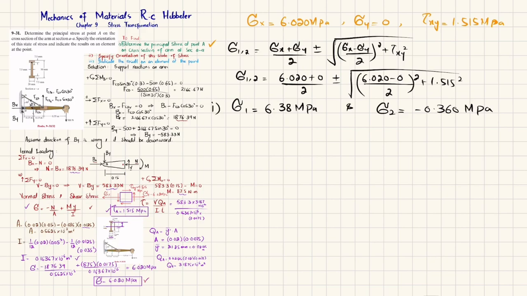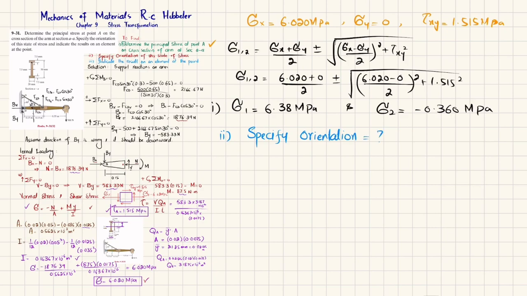Now we will move towards the second part, where we have to specify the orientation. We will find theta, the angle for the plane over which these principal stresses act. Clear?